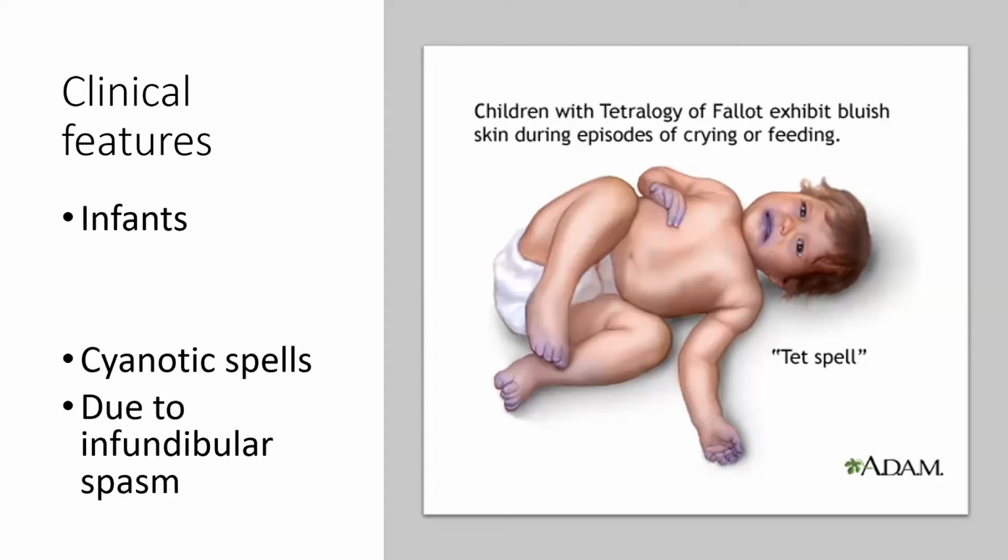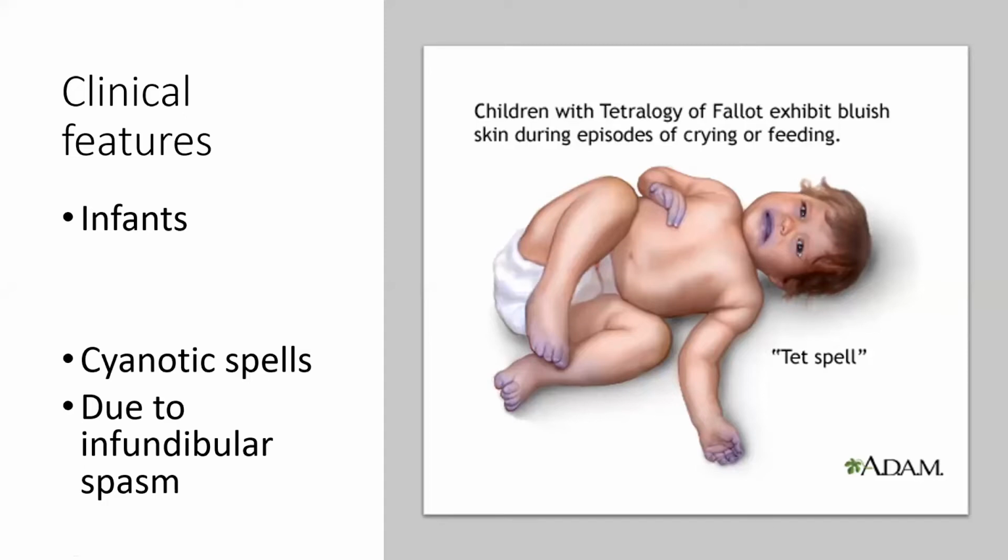Now, like we said, the pulmonary stenosis has two components. One is the fixed component. The other one is the dynamic component. The dynamic component of the Fallot is what we call infundibular spasm. So in children, suddenly, for some reason, the infundibulum of the right ventricle, that is the top part of the right ventricle, goes into a spasm.